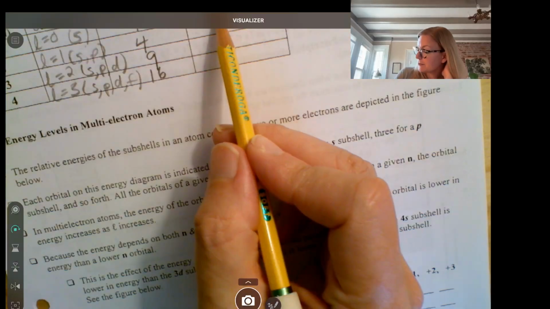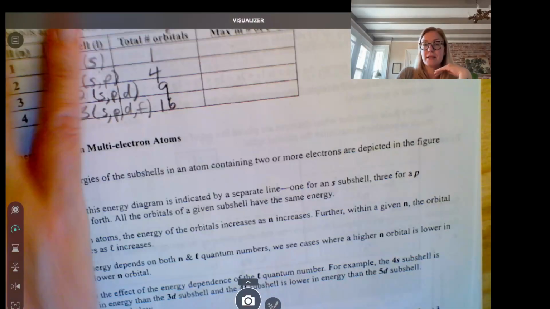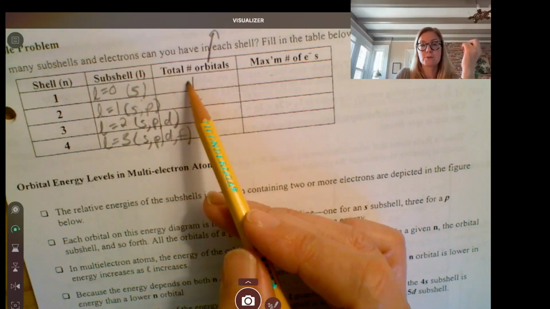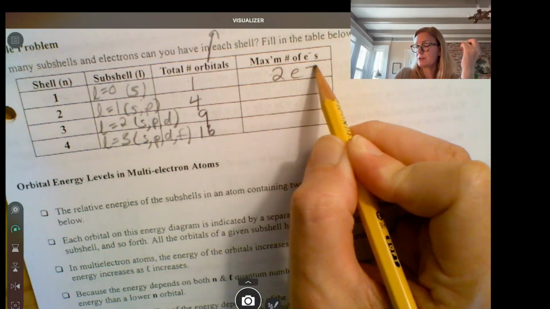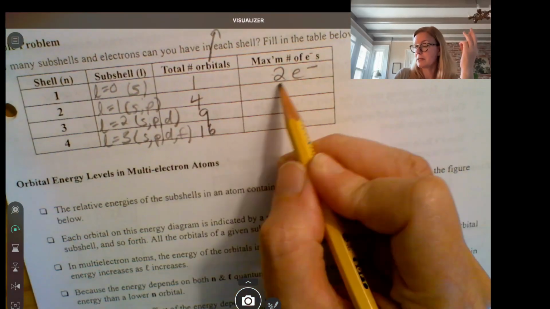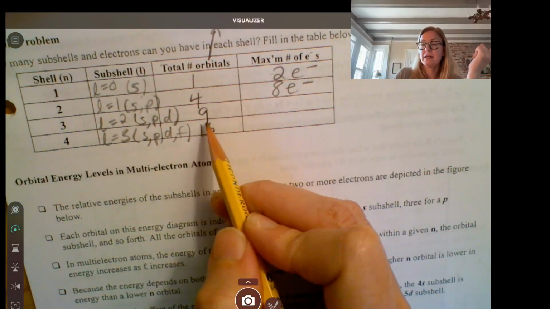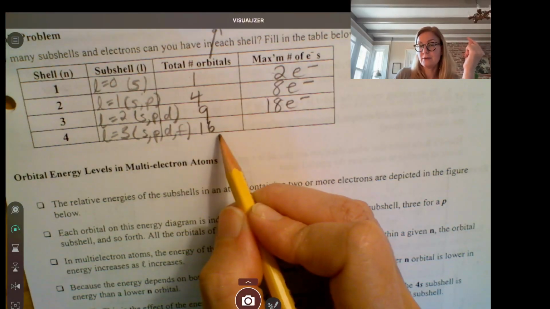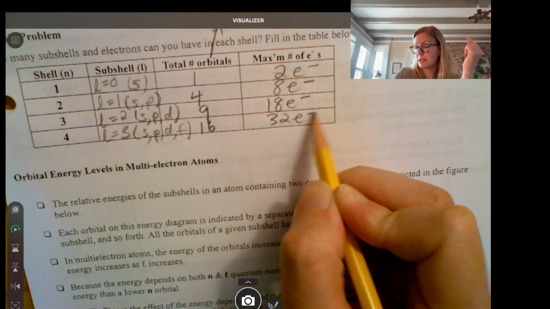So the maximum number of electrons for the entire energy level, okay? Remember, each orbital can hold 2. So if there's one orbital, it can hold 2 electrons total. If there's 4 orbitals, it can hold 8 electrons total. 9 orbitals means 18 electrons, and 16 orbitals means 32 electrons.